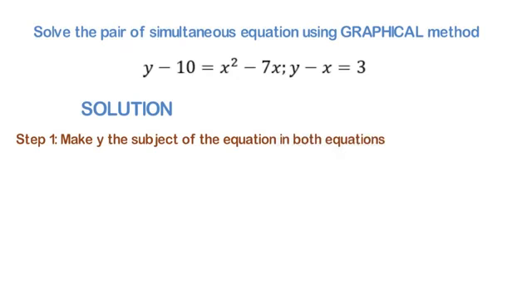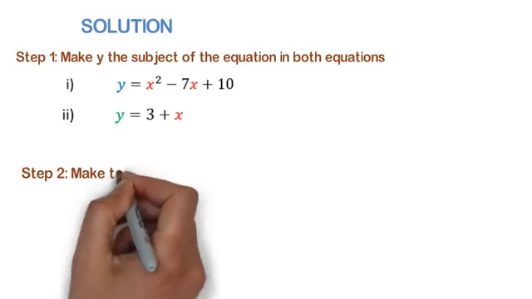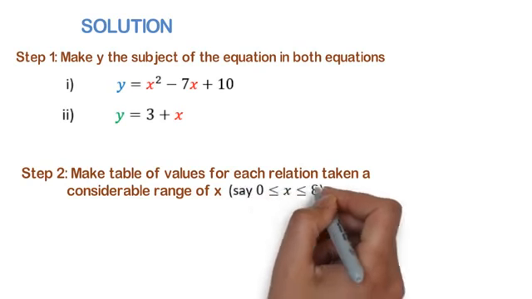So we have the first one as y equals x squared minus 7x plus 10, and the second one as y equals 3 plus x. Step 2. Make a table of values for each relation taking a considerable range of x, say from 0 to 8.